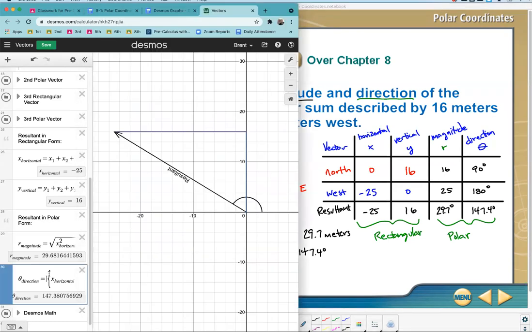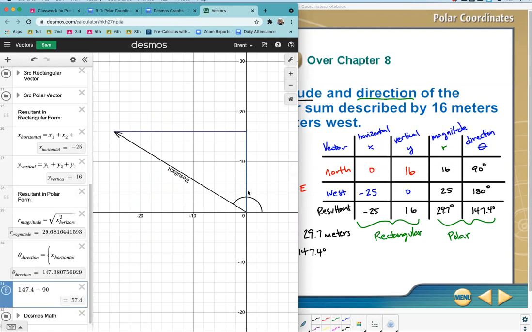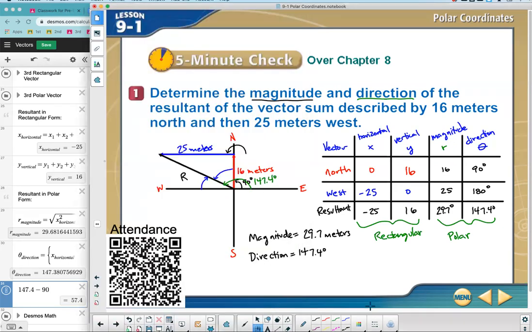So I'm going to do those two real quick. If I took that 147.4, that's this angle from here to here, and take away the 90 that are for the first quadrant, I'm left over for this side having 57.4. So I could write my answer saying from north towards the west would be 57.4 degrees.